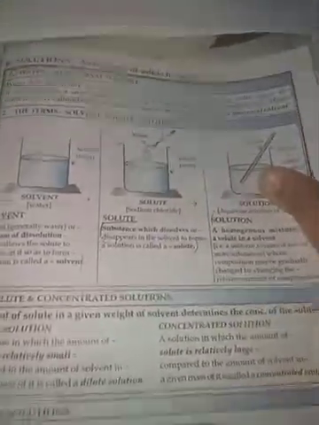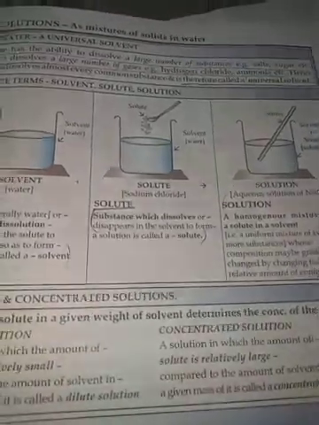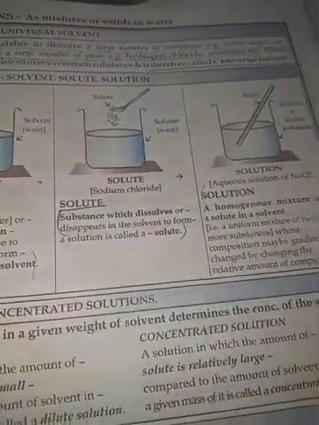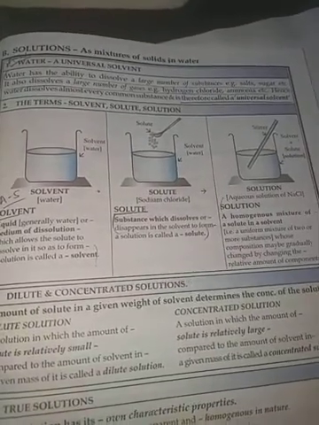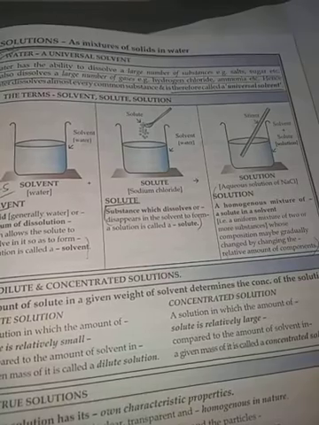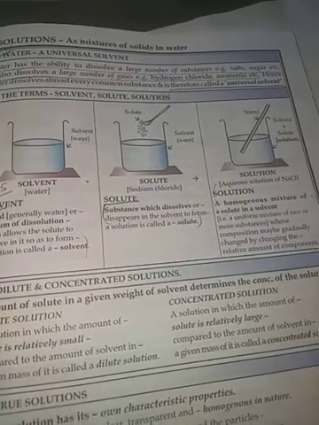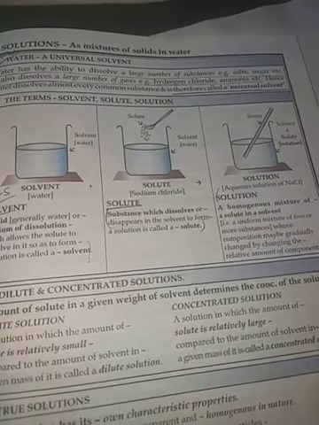Before starting with the definitions of solute, solvent and solution, I would like to tell you about these three terms just by giving an example. Suppose we have taken a glass full of water and we have added sugar to it.